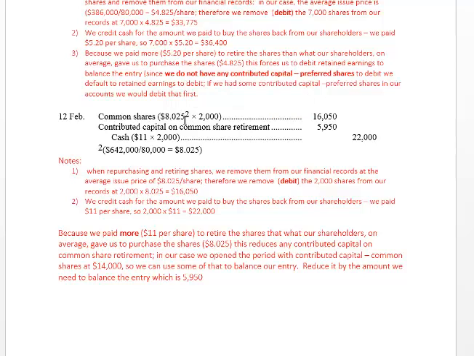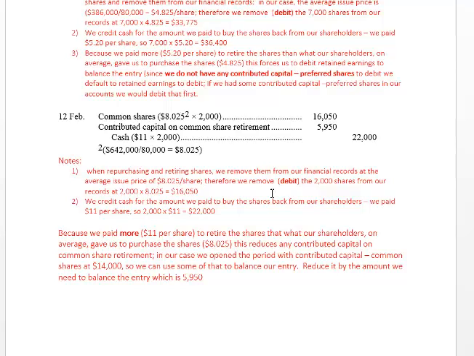Well, we can see from the equity to open the period that we had 80,000 common shares, and the total common share equity to open X5 was $642,000. So that means that shareholders gave us $642,000, and in return we gave them 80,000 common shares.